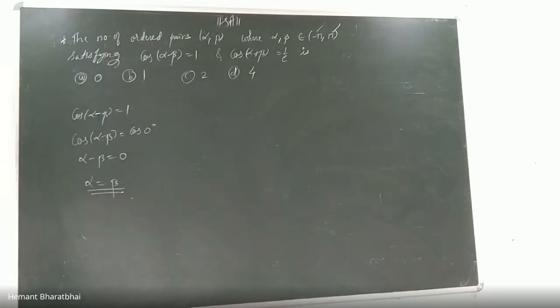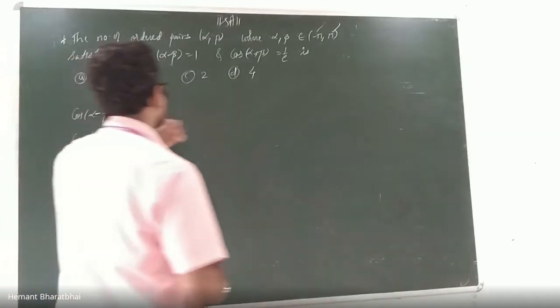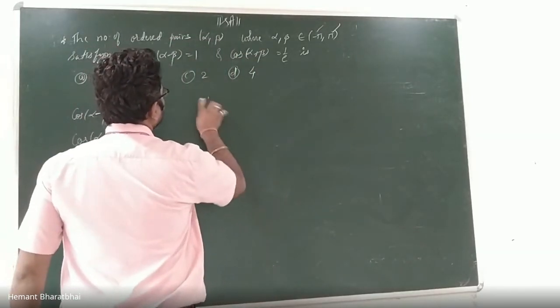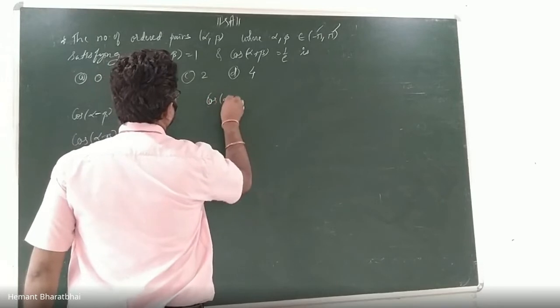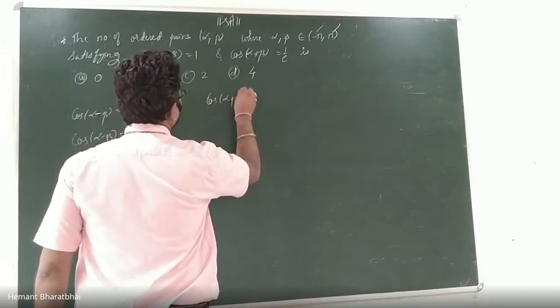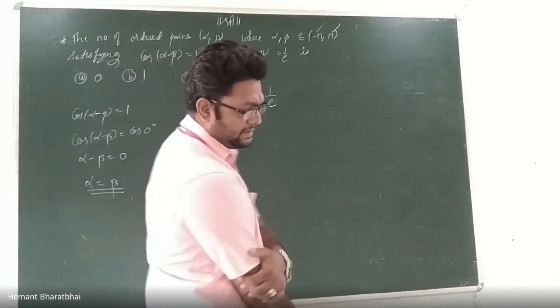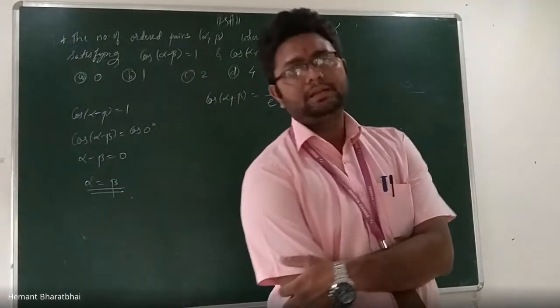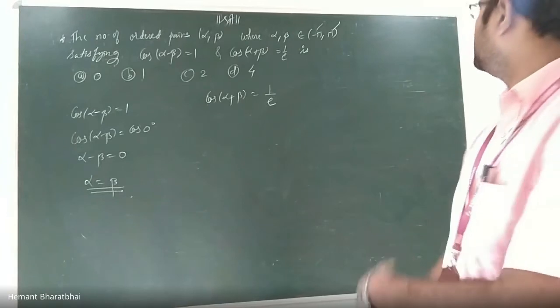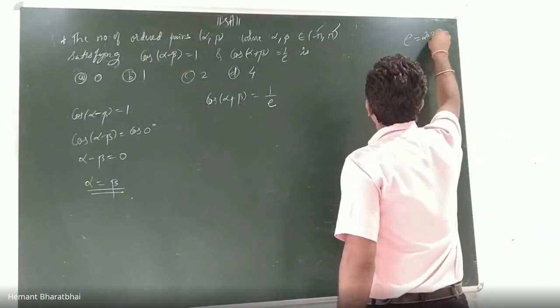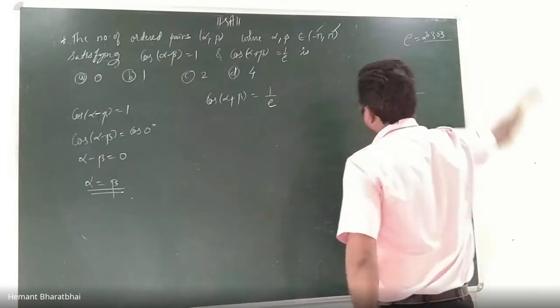Okay. Next, from here, it is given to us that cos of alpha plus beta is equal to 1 upon e. Now 1 upon e, e is somewhat 2.303 something.